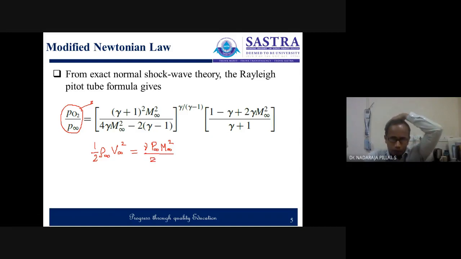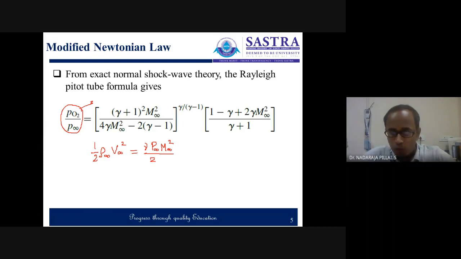I think you know this very well, V infinity square and then V infinity square by a square. We had a discussion on how to convert that. I recommend you go through the one which we did before.